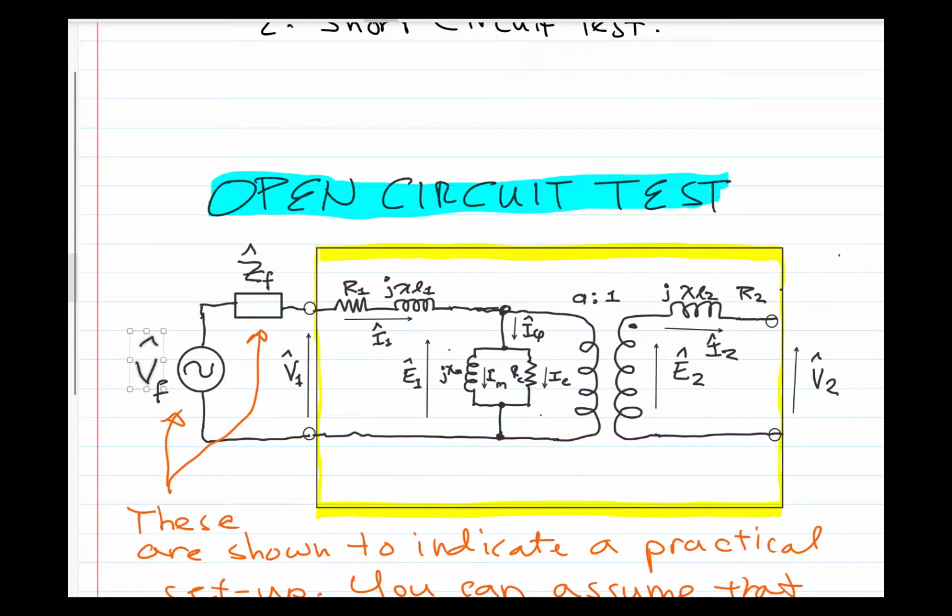The reason for this is that we still do not know the primary side resistance and leakage inductance. And so in calculating the values of X sub M and R sub C from the open circuit test, we're neglecting the impact of these two parameters here. But they will have a pretty negligible effect on the results. And we could prove that to ourselves if we wanted.